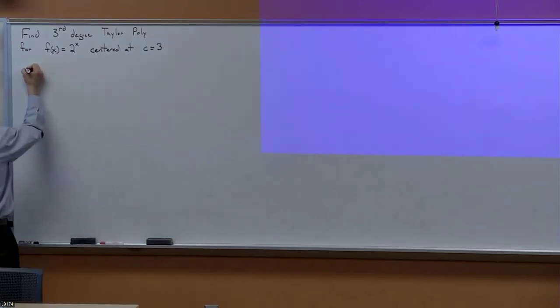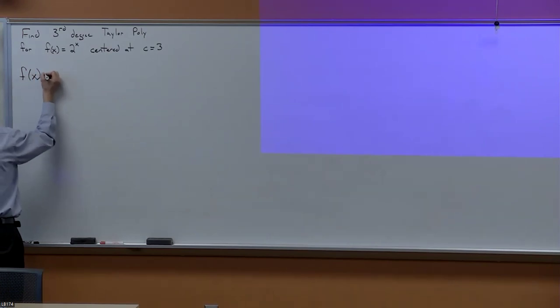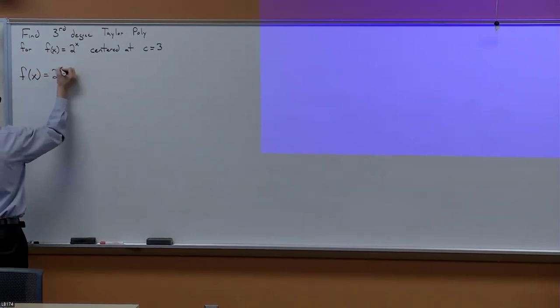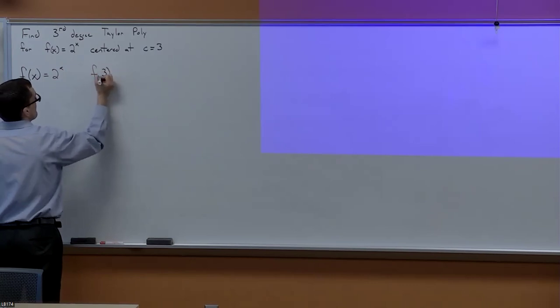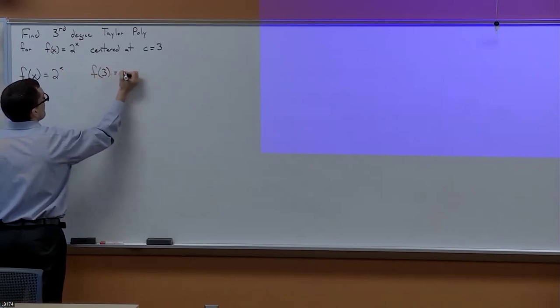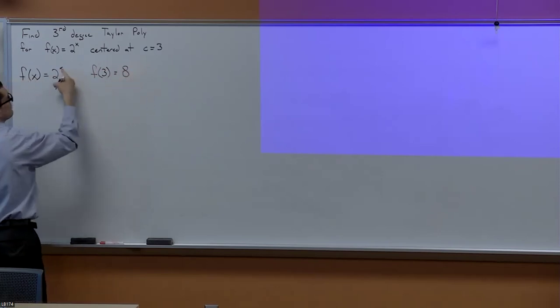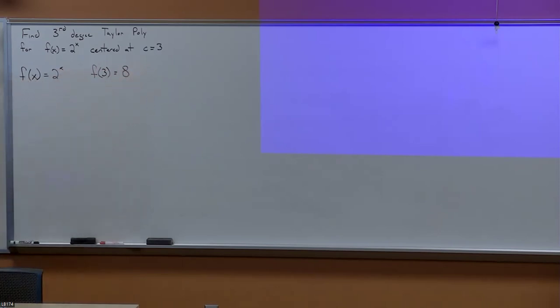So that's what I'm going to start with here. I say f of x is 2 to the x power. Since we're centered at 3, I'm going to plug in 3. 2 to the third power is 8.